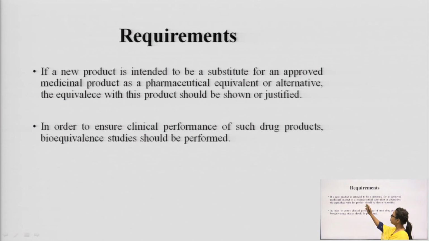So if a new drug is intended to be a substitute of an already approved drug, but we want to introduce a new product which shows pharmaceutical equivalence or pharmaceutical alternative, then the equivalence with this product should be shown or justified. In the next slide, I will describe this point.